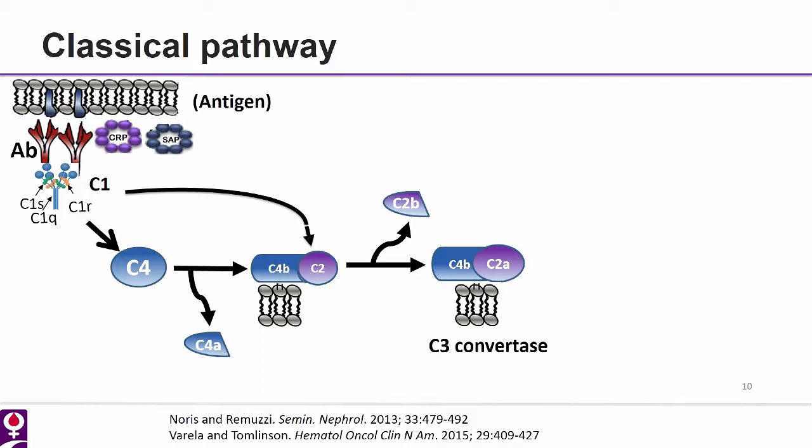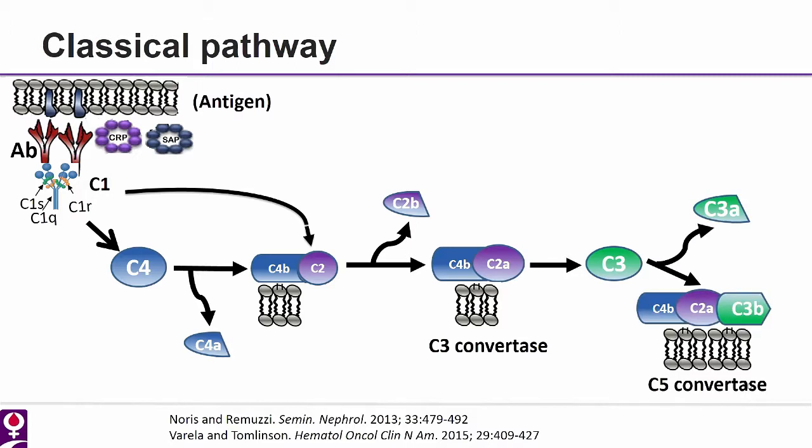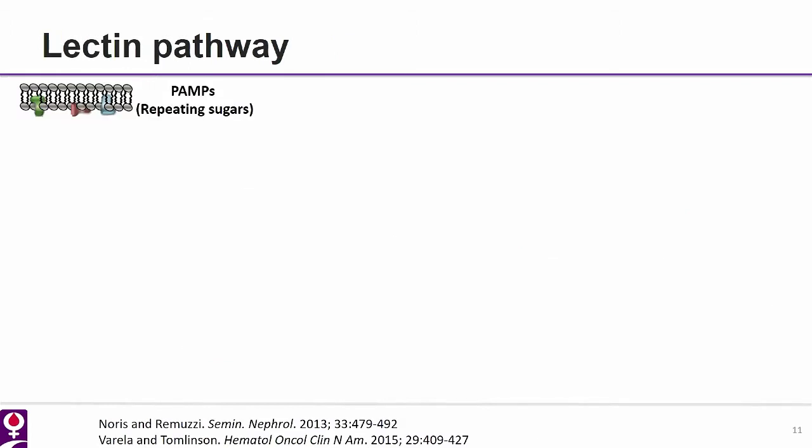Now, this C3 convertase can act on C3 and cleave it into C3a and C3b, and then ultimately it makes the C5 convertase. Then C5 convertase goes on to activate the terminal pathway, which I will explain in a later slide. The other pathway is the lectin pathway. The lectin pathway is very similar to the classical pathway, but the difference is in how it is initiated.